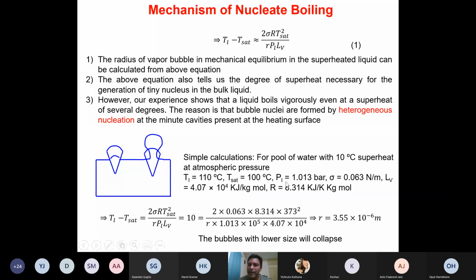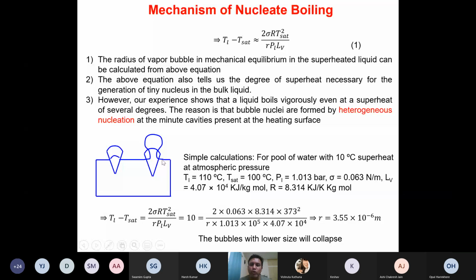The pressure PL is 1.013 bar. The surface tension sigma is equal to 0.063 Newton per meter. The latent heat of vaporization is 4.07 x 10^4 kilojoule per kg mole, and the universal gas constant is 8.314 kilojoule per Kelvin per kg mole.